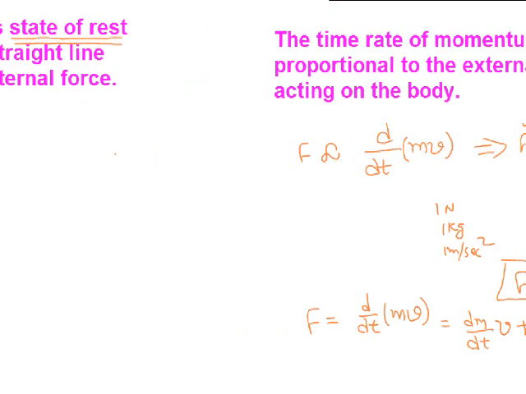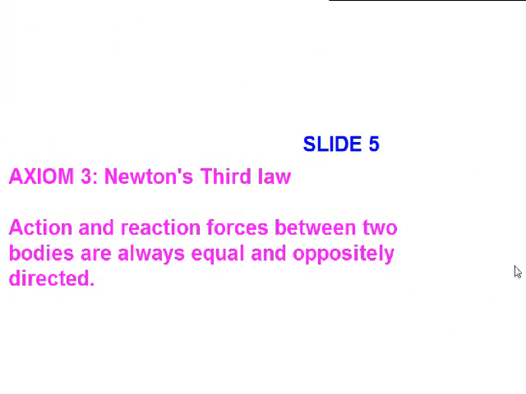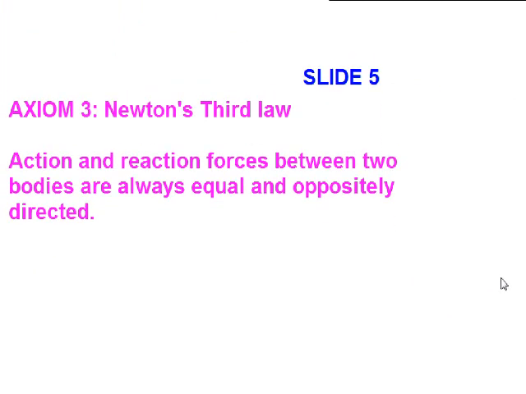We have seen the first law and the second law. Let us look at the third law also. Newton's third law says action and reaction forces between two bodies are always equal and oppositely directed. Though it is loosely said here, we need to add a simple phrase, two touching bodies, that is, bodies which are in contact.